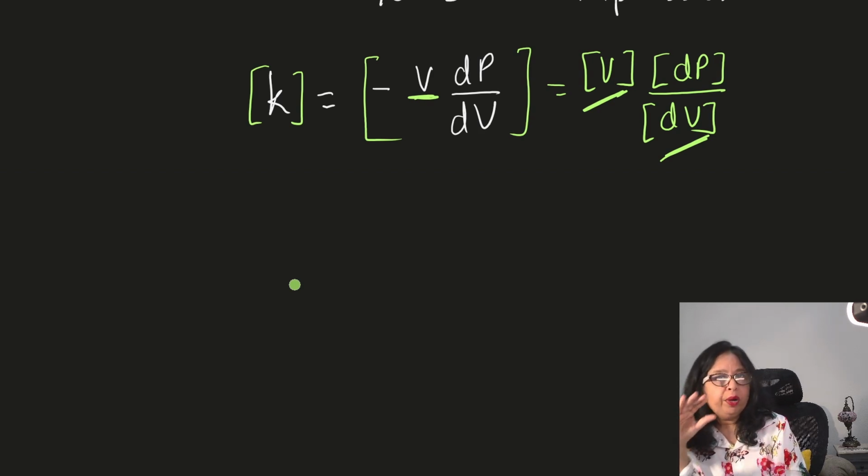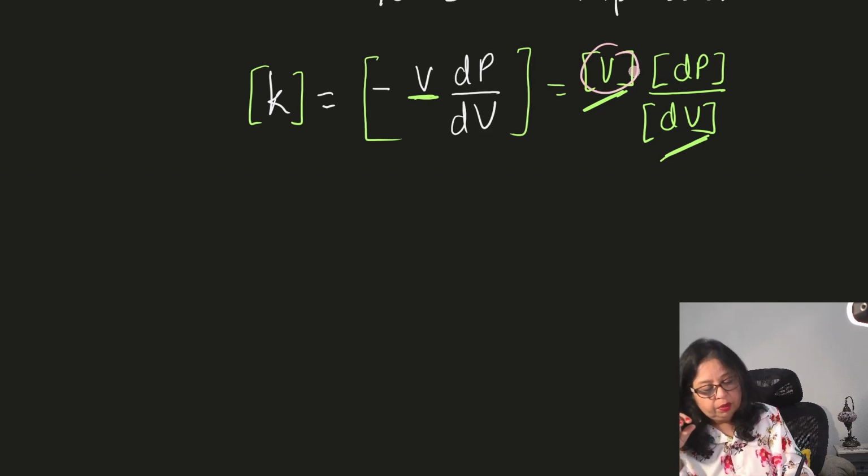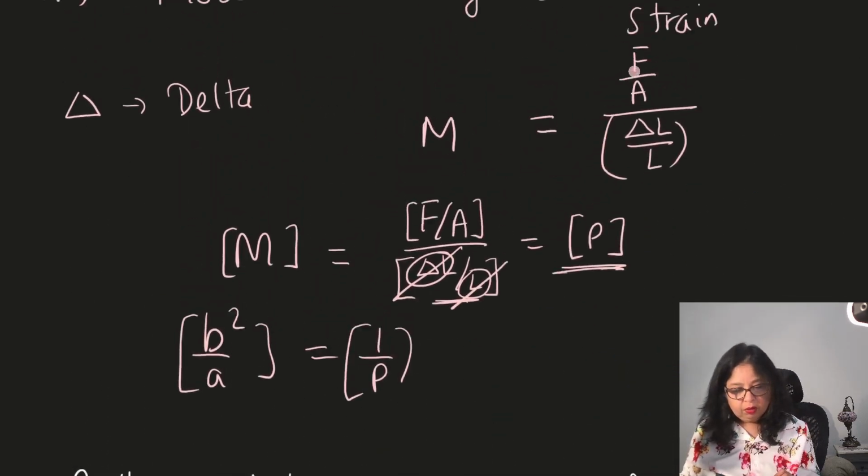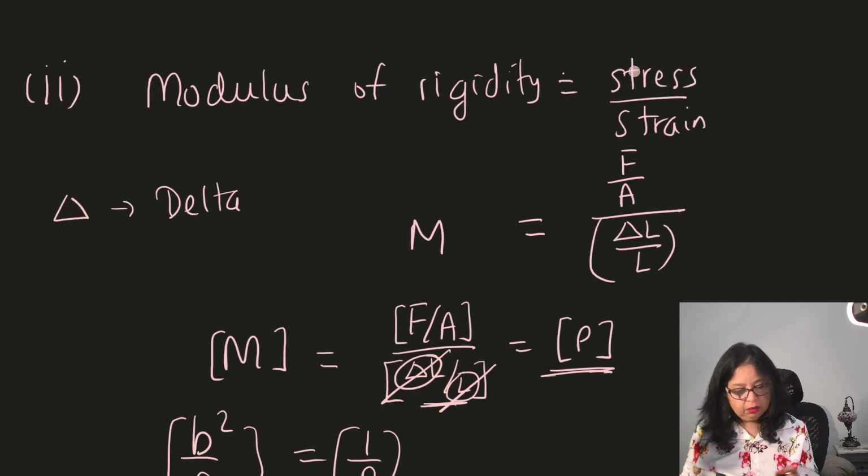But the units of V at the top cancel out the units of dV at the bottom, leaving you with just the dimensions of dP, which is the same as the dimensions of P, which is the same as what we had for the second option here.